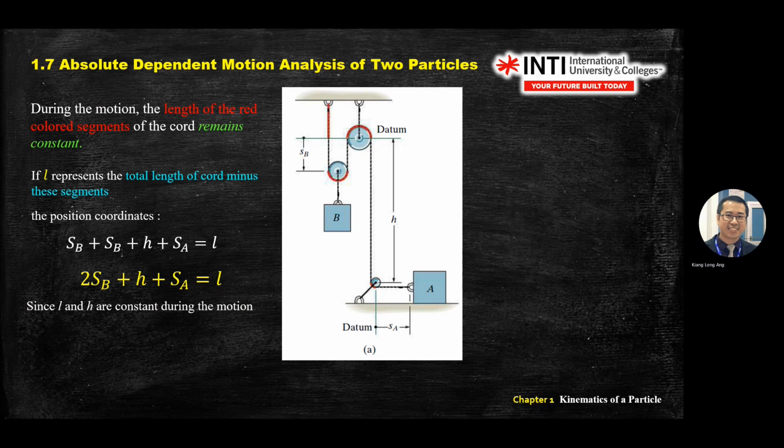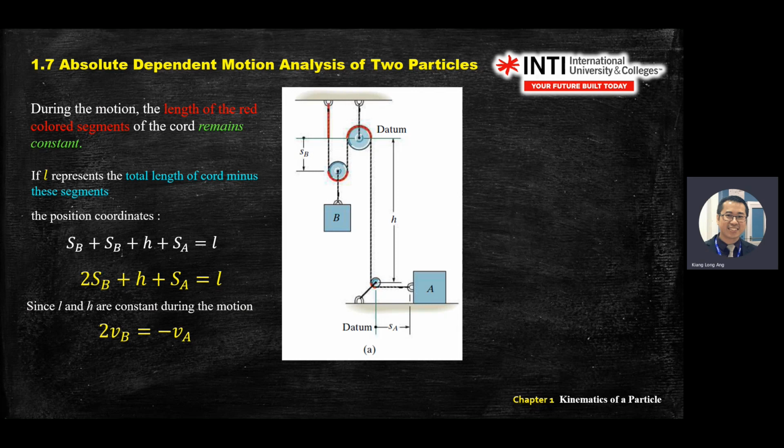You get 2VB plus H dot. What do you get for H? 0, because H doesn't change. You fix already. Pulley here and pulley here, fixed already, doesn't move. So your H is constant, so H dot is 0. SA becomes VA. Total length doesn't change, so L dot becomes 0. The dL/dt becomes 0.